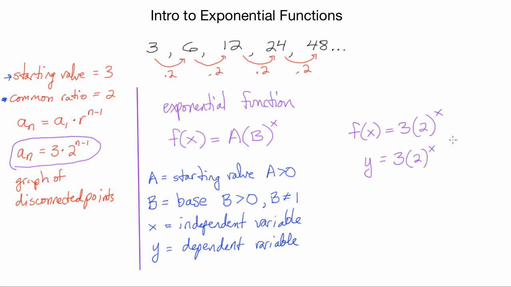Just be comfortable with both of them. But this function would contain these values for x is 1, 2, 3, 4. But the nice thing is I can use any values in here now. So I could put 1.35 in for x, calculate that, and see what I get back for y. I can put anything I want to in for x, calculate it, and get it back for y.